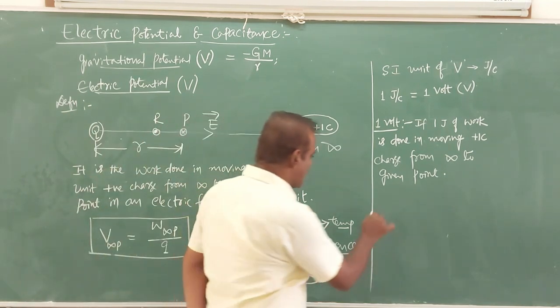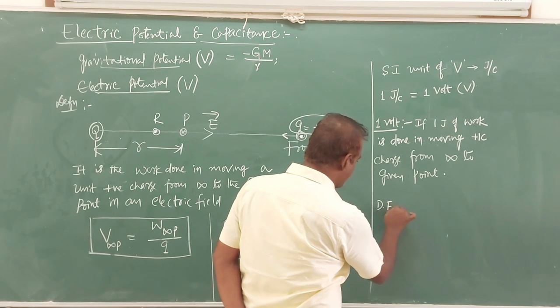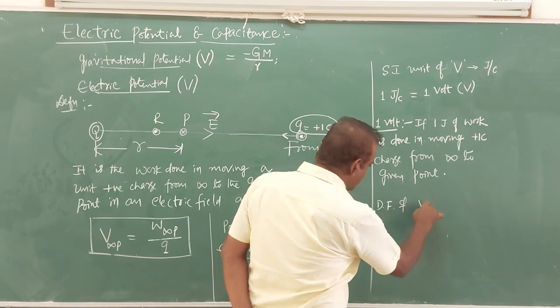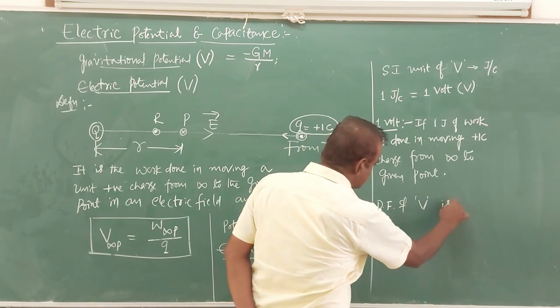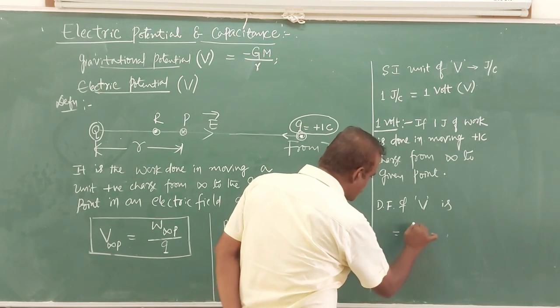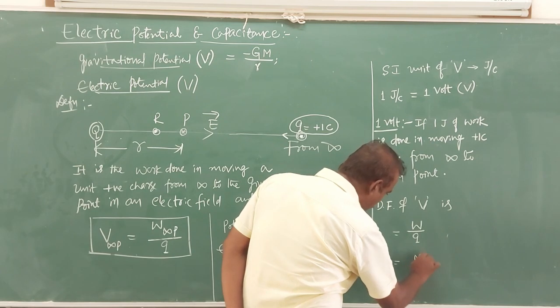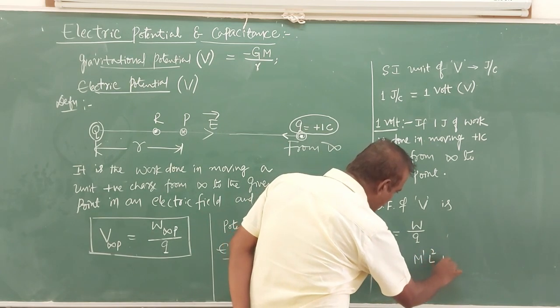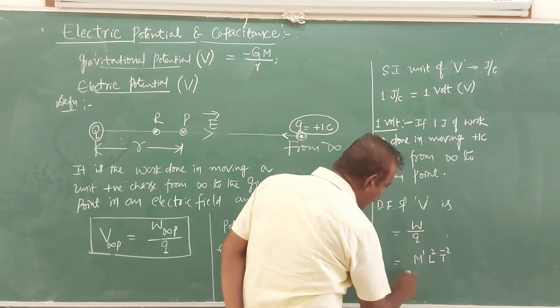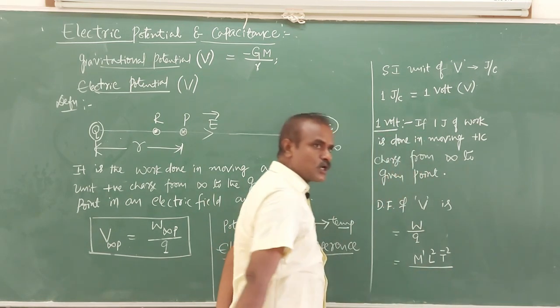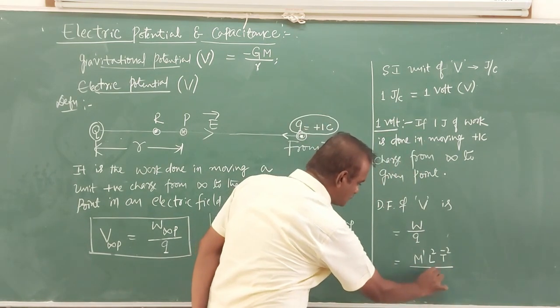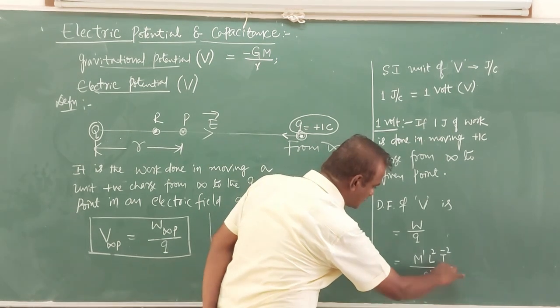If you want to write the dimensional formula also, you can write the dimensional formula of V like this. It is work done by charge, so it would be 1 in mass, 2 in length, minus 2 in time for work done, and charge is 1 in ampere and 1 in time.